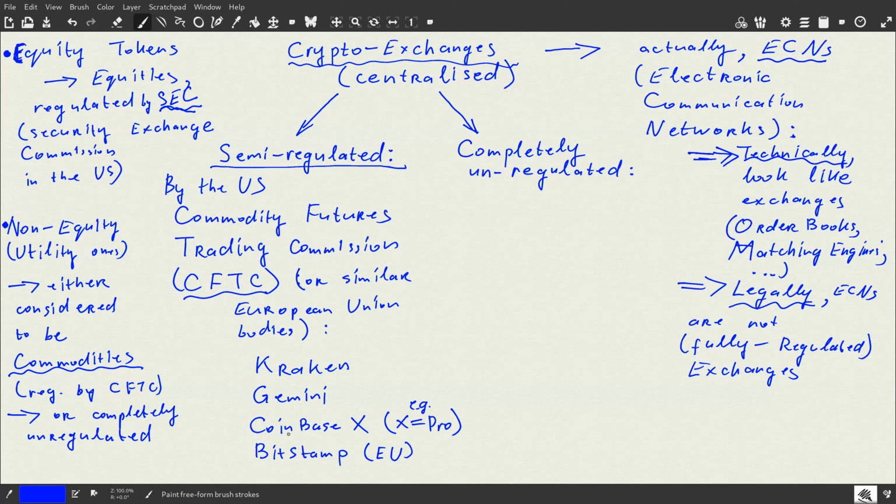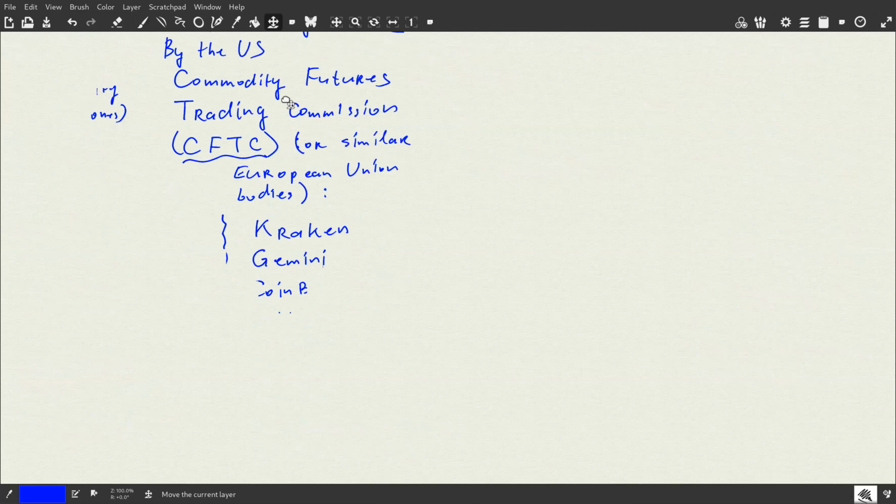What else? Apart from Kraken, Gemini, Coinbase, Poloniex at least used to be. These are, let's say, more or less regulated United States or European regulated exchanges.